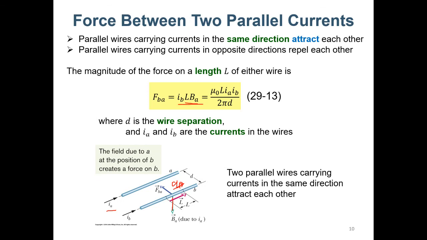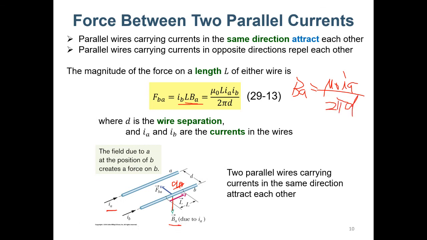So the force acting on IB due to IA is IB times L times BA. BA is the magnetic field generated by IA, which is mu 0 IA over 2 pi d.